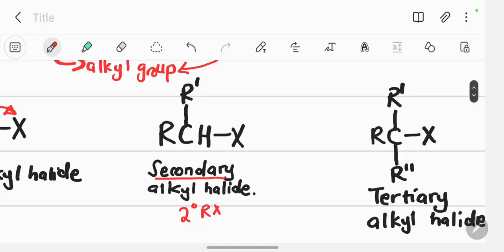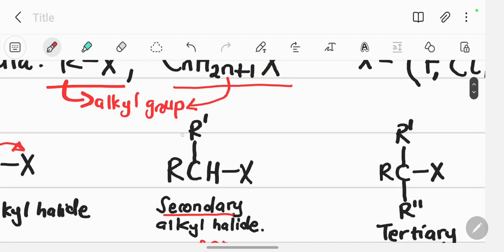So for secondary, it has two alkyl groups attached to the carbon atom having the halogen.